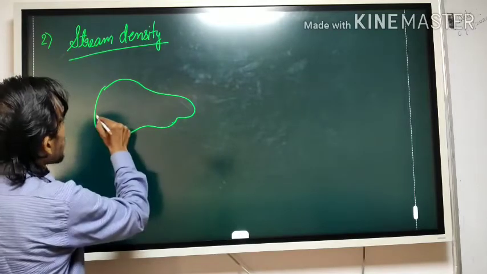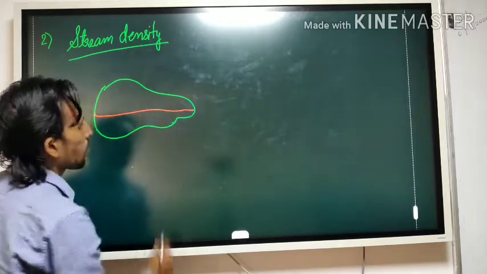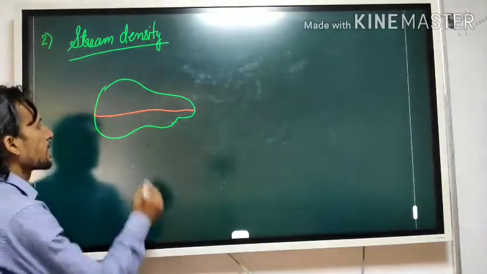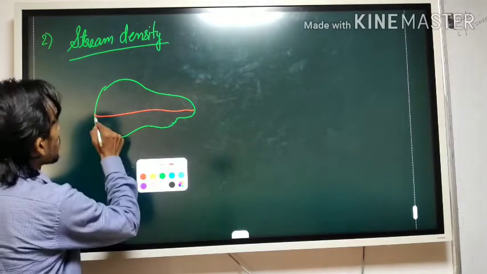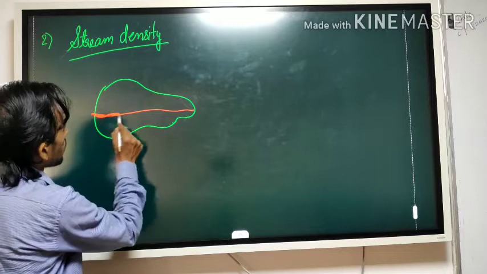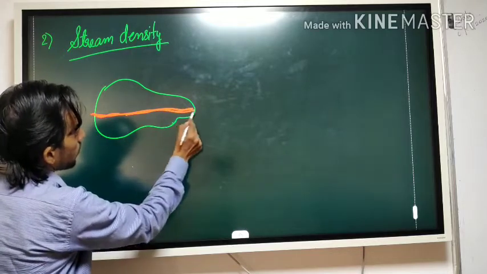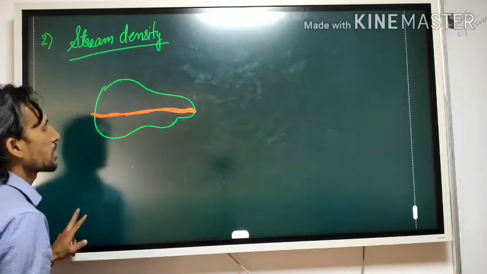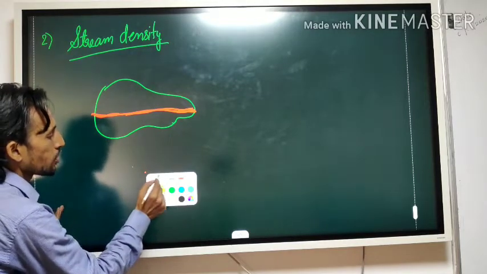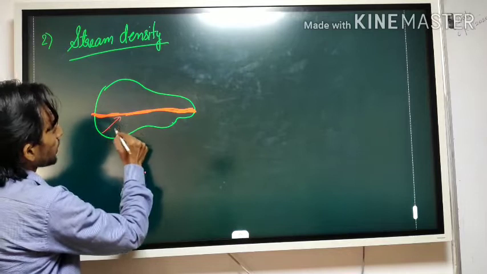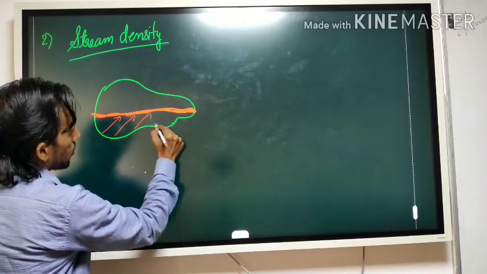In this basin there is your main stream, and this main stream is contributed water by the smaller streams.